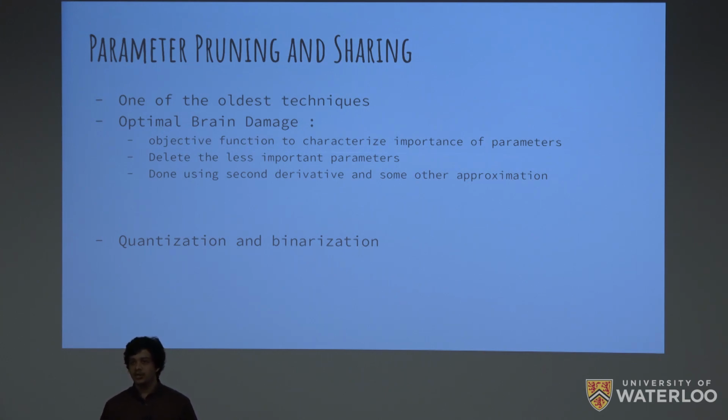What I mean is that you want to know how important this particular parameter is to my objective function. In other words, how important is this particular parameter for my accuracy or for my regression task, etc. And delete those parameters which are not important. And this was done using second derivative analysis of these parameters with respect to the loss term and some other approximation.